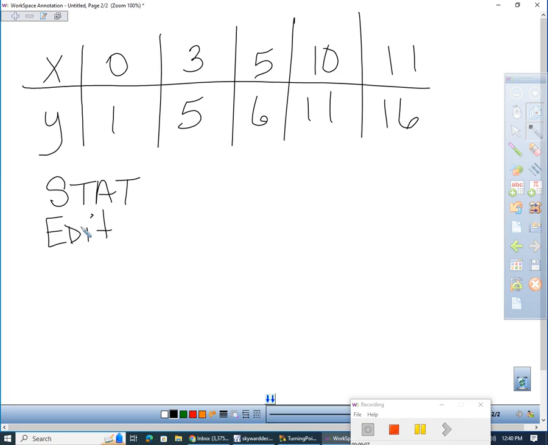Does everybody see you have L1, L2, L3, L4? I need to make sure everybody's good. All right. I want you to enter X values in L1. So in L1, you're going to put all of your X values. So you go 0, enter, drops you to the next one. 3, enter, 5, enter, 10, enter, and 11, enter.